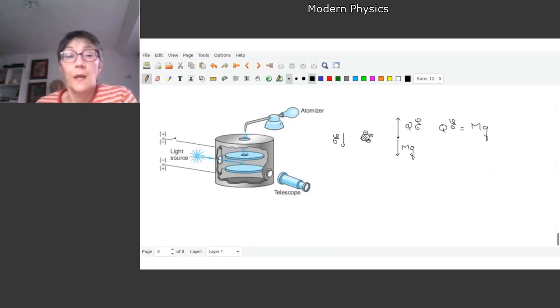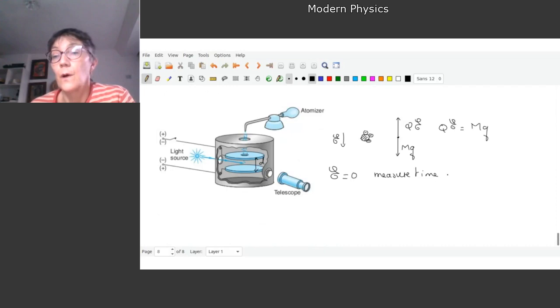And so what do you measure? What you measure is this one. First you cut your electric field, E equal to 0, and you know the distance between the plates, let's call it D, and you will measure the time of fall.